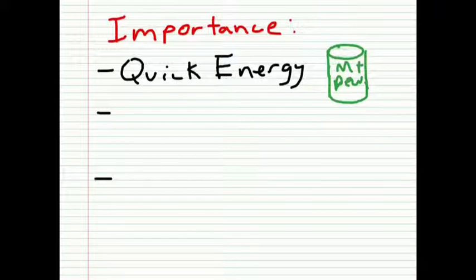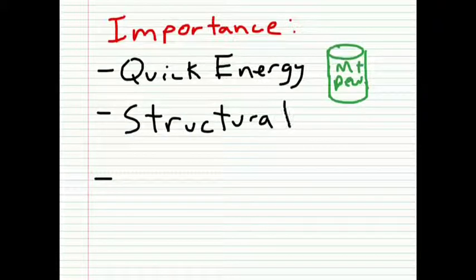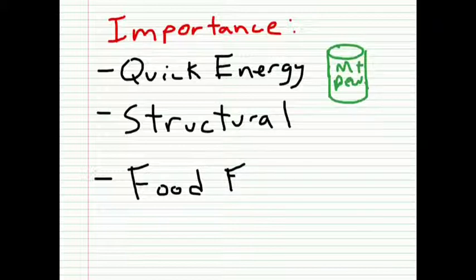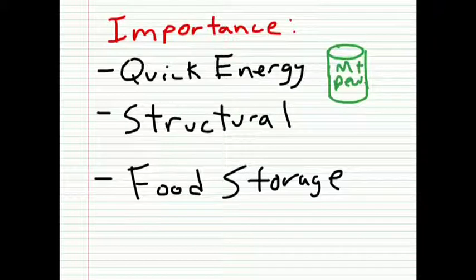That's what provides you with energy. We also use carbohydrates for structure. And the final way is for food storage. In plants, that's the starch, and in humans, we store carbohydrates as glycogen.